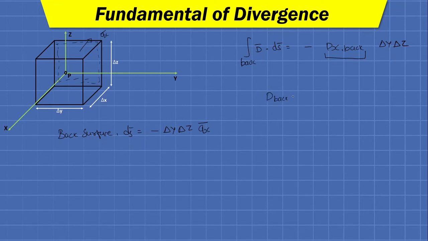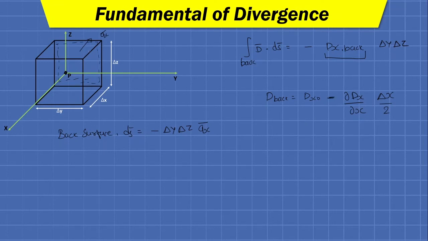D back is nothing but Dx0, the value of flux density at point P, plus the rate of change of Dx, which is del Dx by del x, times the distance of the surface from point P. The distance is delta x by 2, but we are traveling in the negative x direction, which is why we have a negative sign.